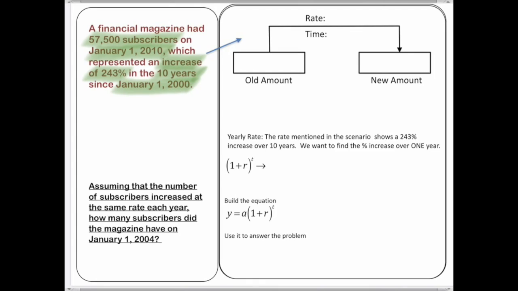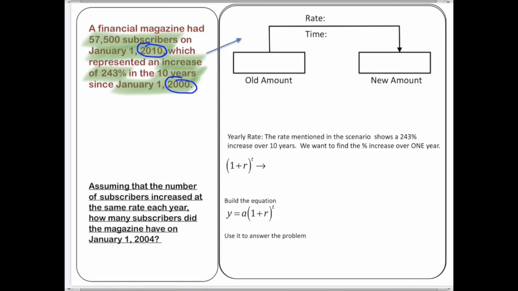So let's take a look at how to fill in our little graphic organizer here. It says a financial magazine had this much in 2010. So 2010 is, of course, larger than the year 2000.